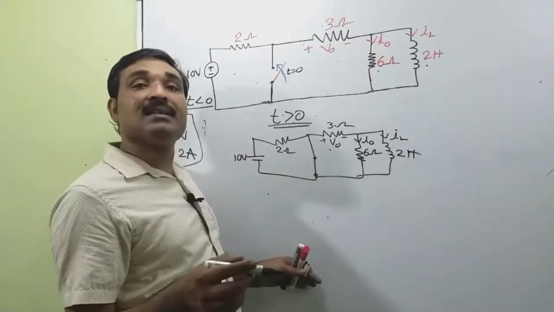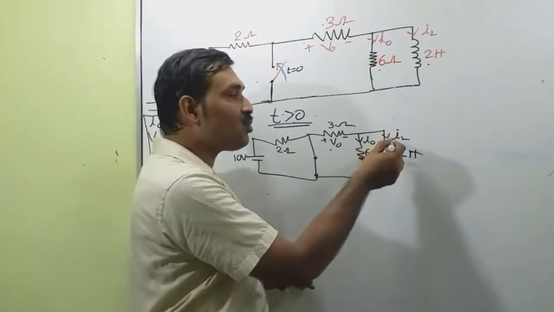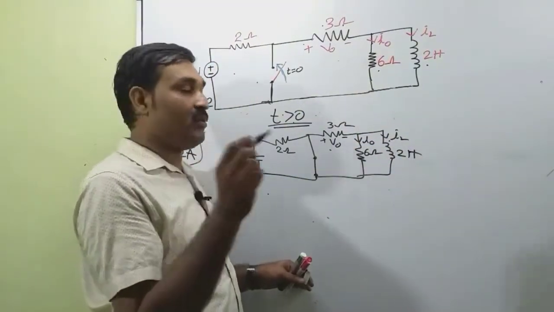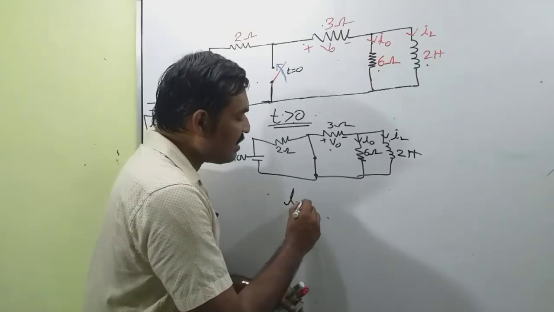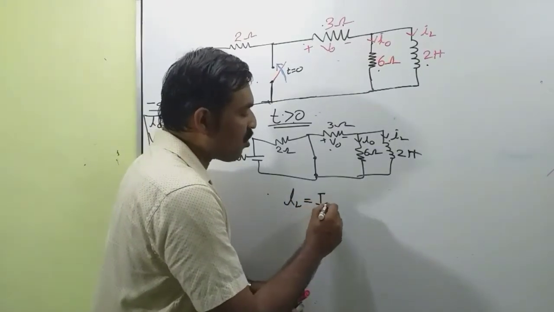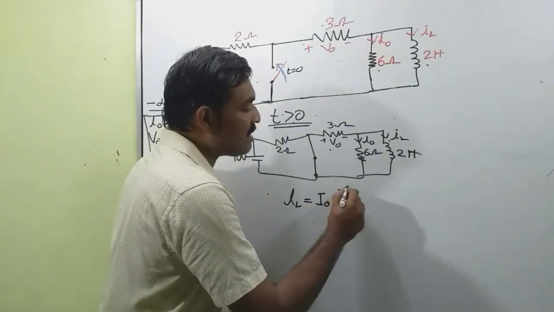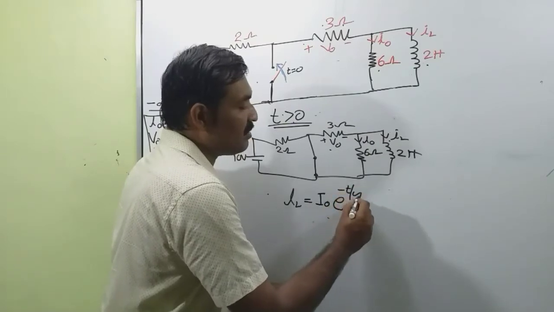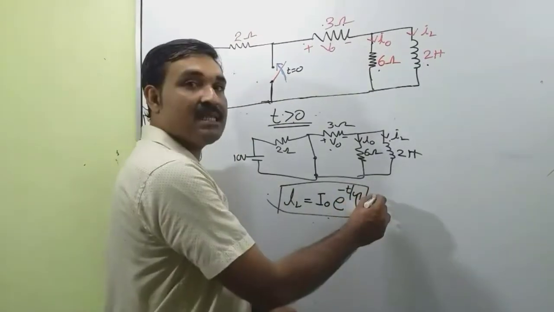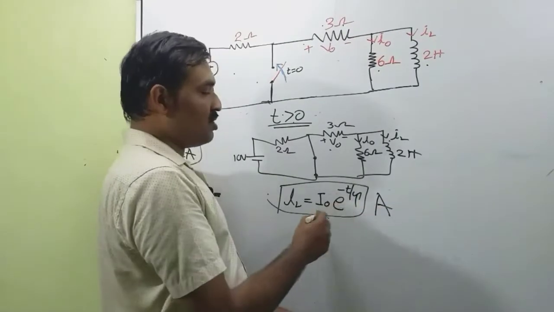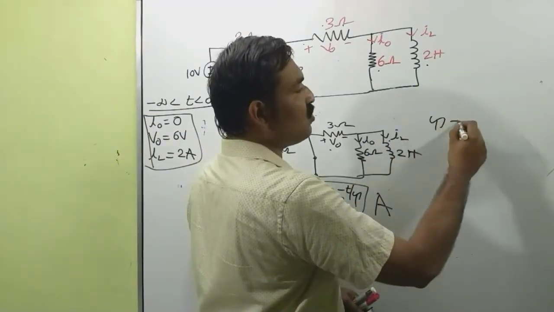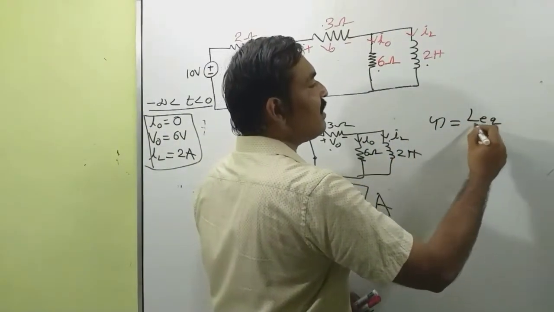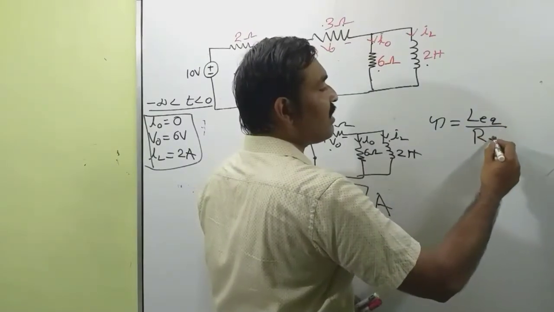For t greater than 0, the expression for the current through the inductance for an RL network is IL equal to I naught into e raised to minus t by tau ampere, where tau is equal to L equivalent divided by R equivalent.